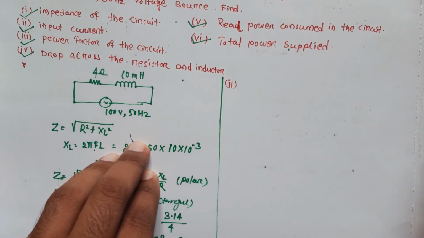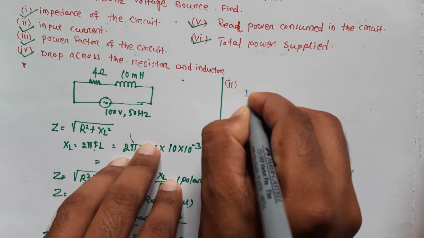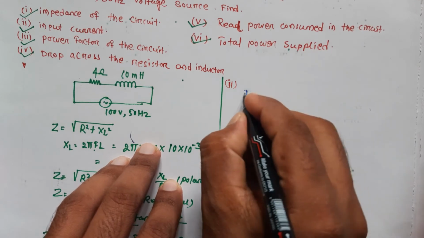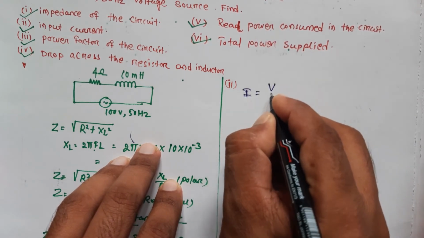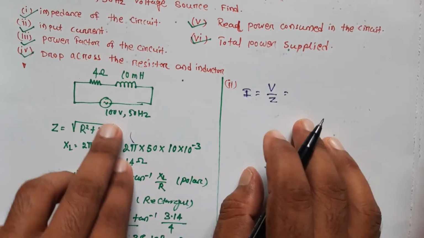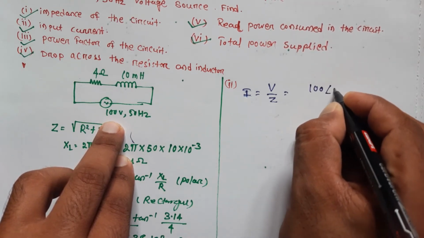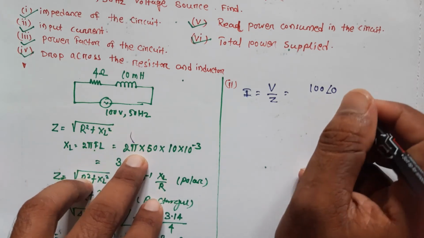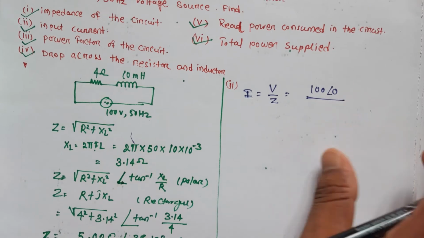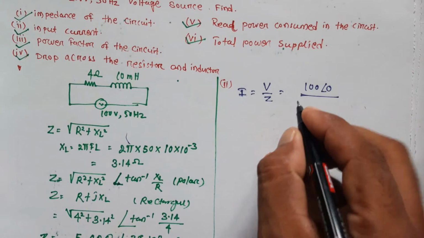For finding the input current, we know that I equals V by Z. Here V equals 100 volt angle 0, so we take the voltage as reference. Then Z equals 5.085 angle 38.13 ohm.